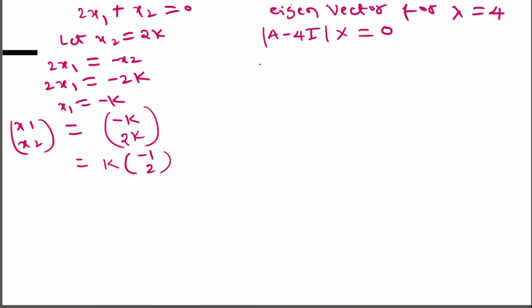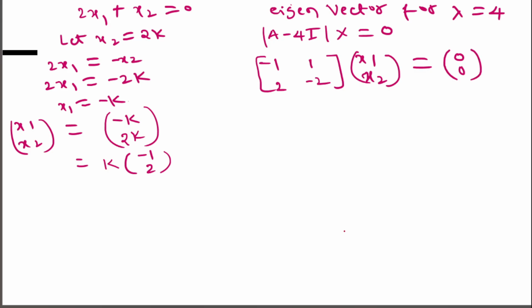Hence 3 minus 4 is minus 1, then 1 here, next 2, and 2 minus 4 is minus 2. This will be the A minus 4I matrix. The x1 x2 column vector is equal to 0 and 0.